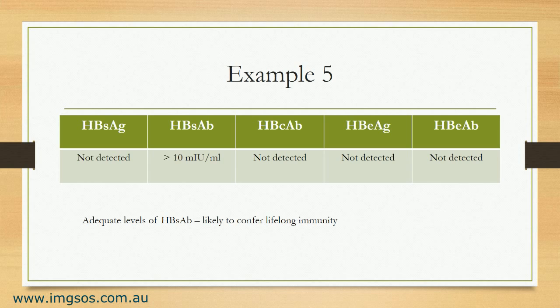For more details on the measurements and who needs to be tested, you need to check the Australian Immunisation Handbook. But I think it's interesting to know that you don't just get a yes or no reading. If you ask for it, you can get a quantitative reading. And this is how we measure if someone is immune. So no surface antigen but surface antibody, no core so it's not virus, no E so it's not active. This is vaccination response.